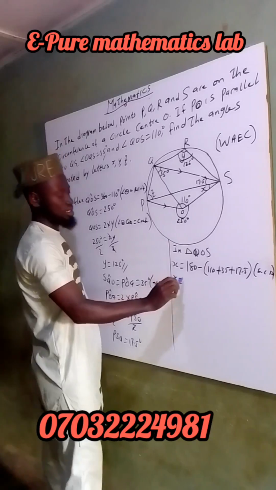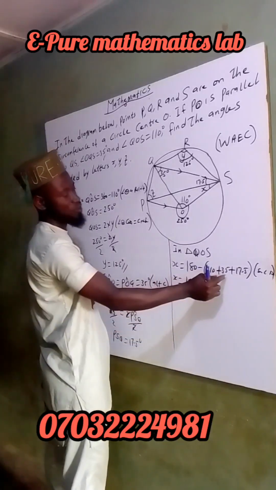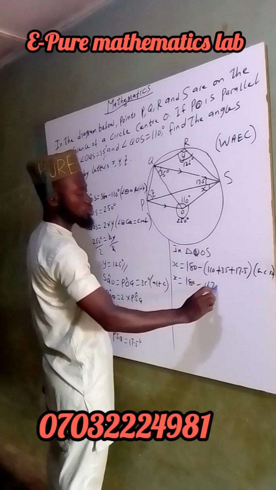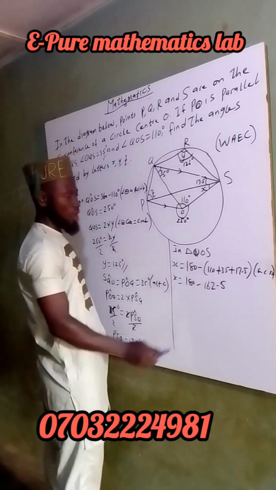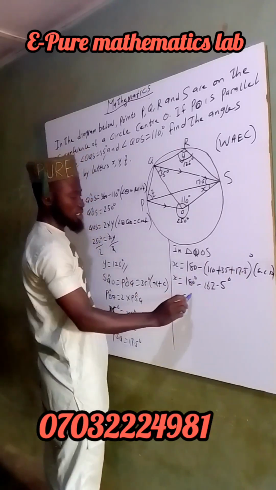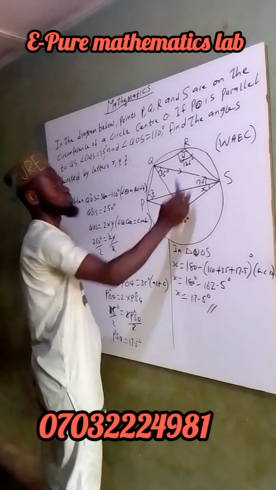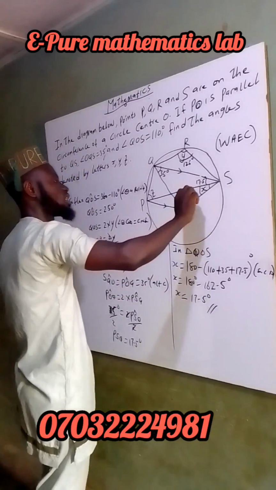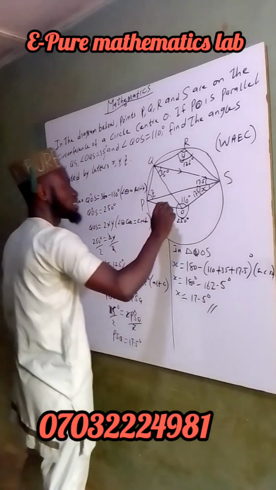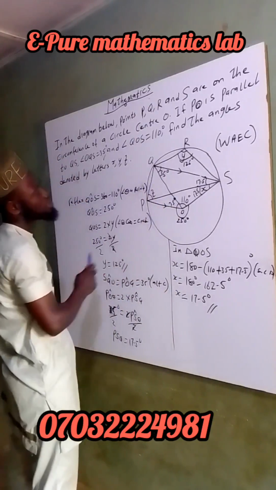So our S equals 180 minus 162.5 degrees, and that will give us 17.5 degrees. So our S is also 17.5 degrees. So this place is also 17.5 degrees. Now we are looking for the value of Z. We've already determined this place to be 35 degrees. So I can find Z.